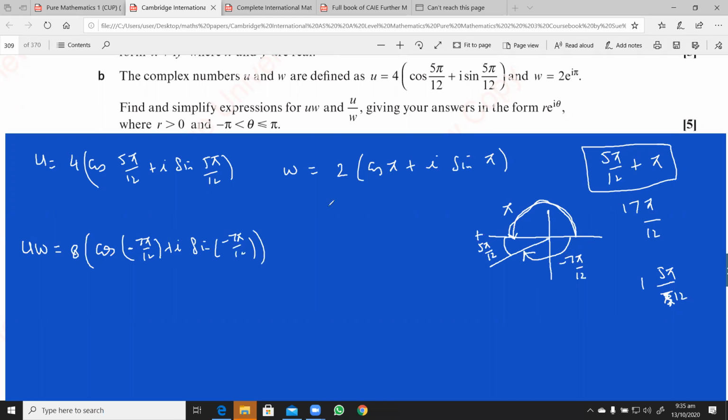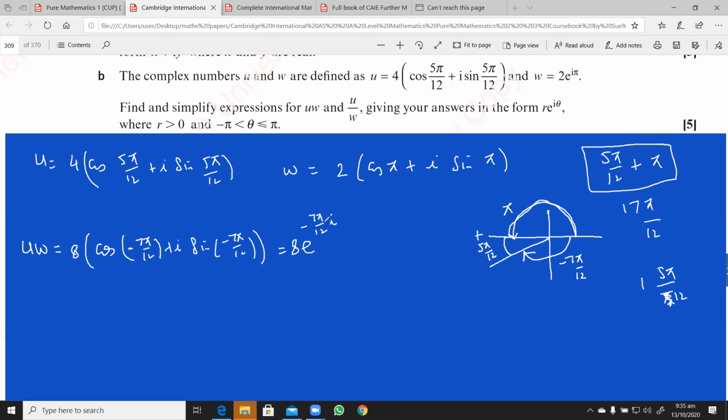And he says write this in the polar form, so I will be writing it as 8 e raised to minus 7 pi by 12 iota.